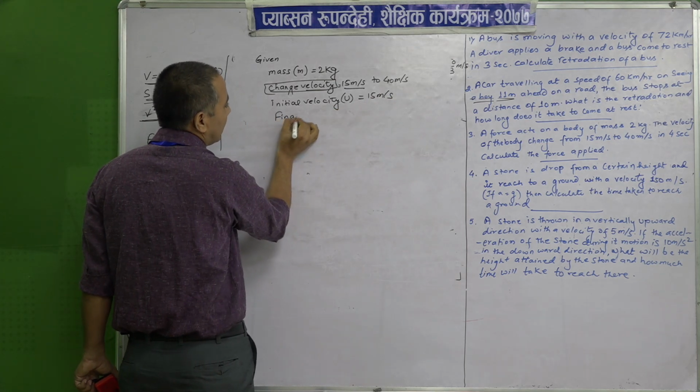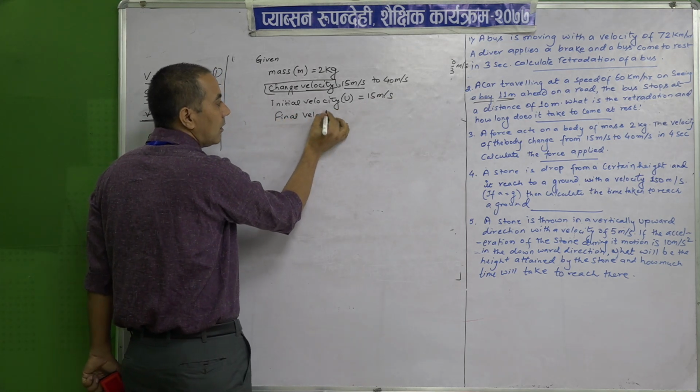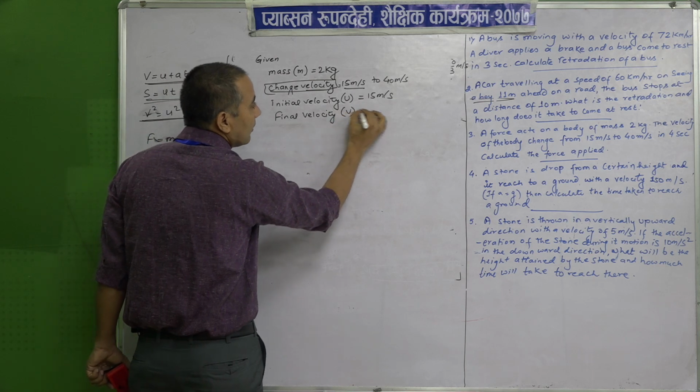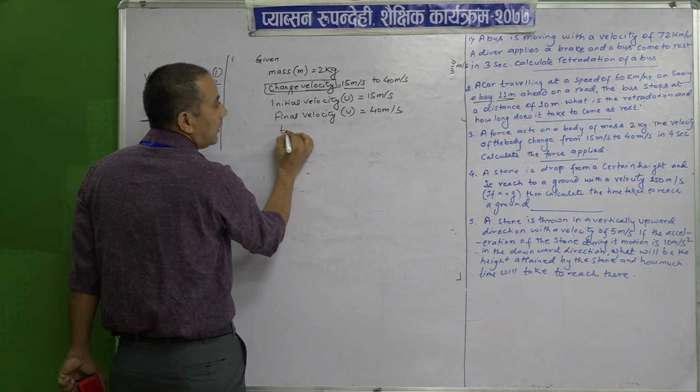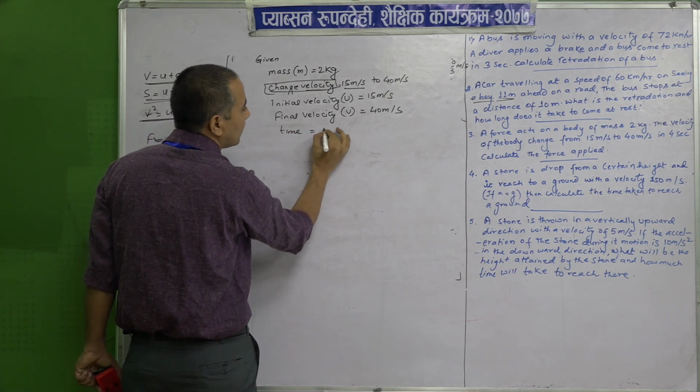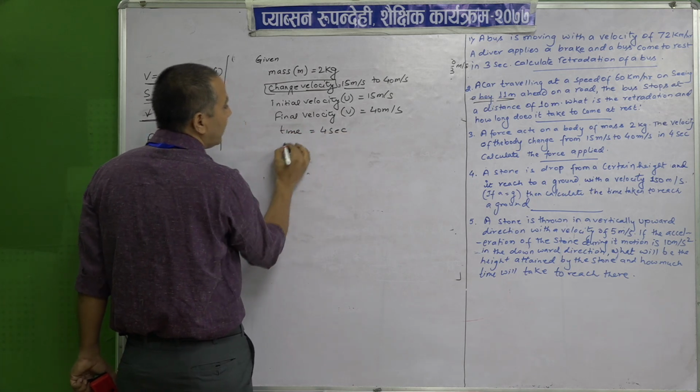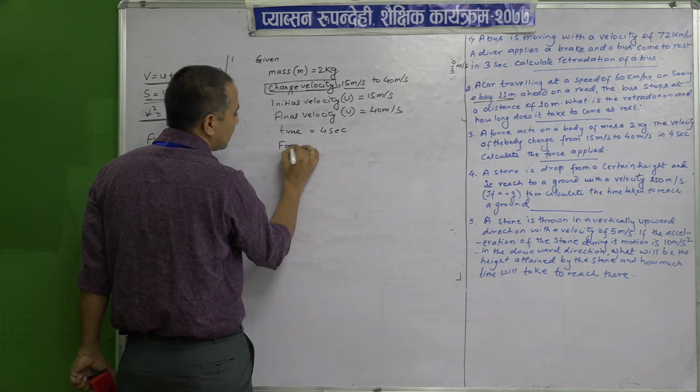The final velocity, v equals 40 meter per second, and time t is 4 seconds, and we have to calculate the force.